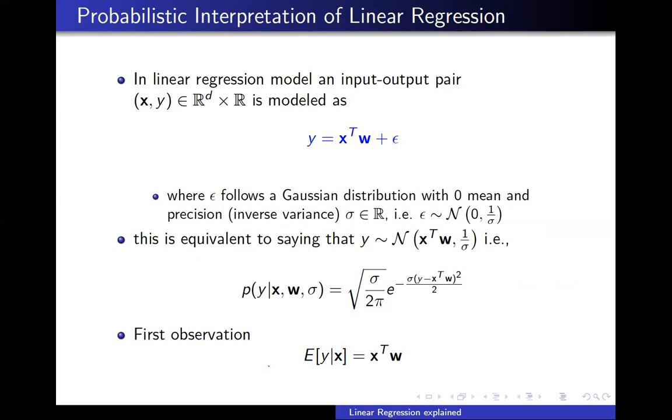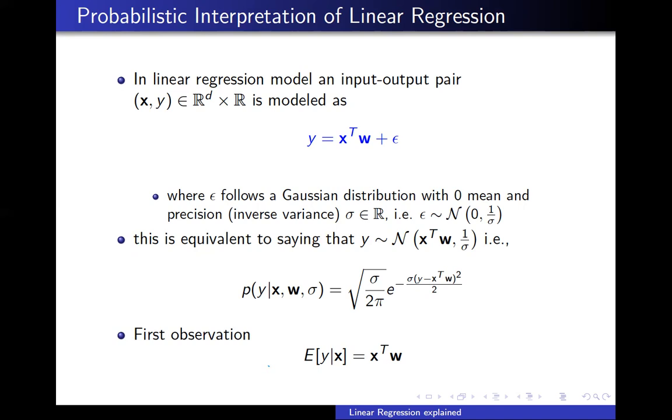Now it's very statistics 101: if epsilon is a normal distribution with 0 mean, and you add a scalar quantity to it, then your mean just gets shifted and your variance still remains the same.